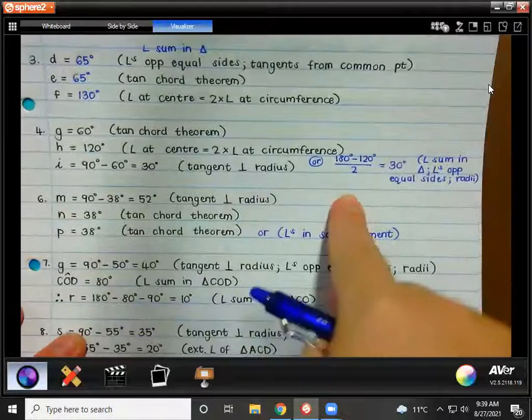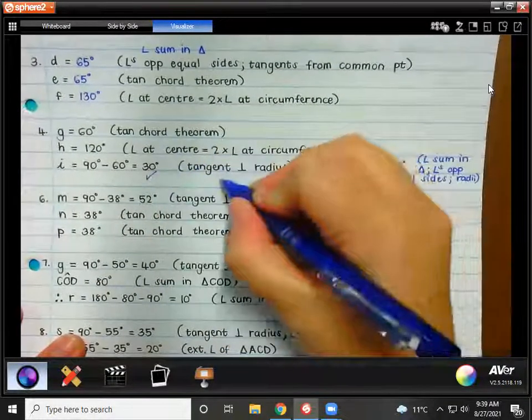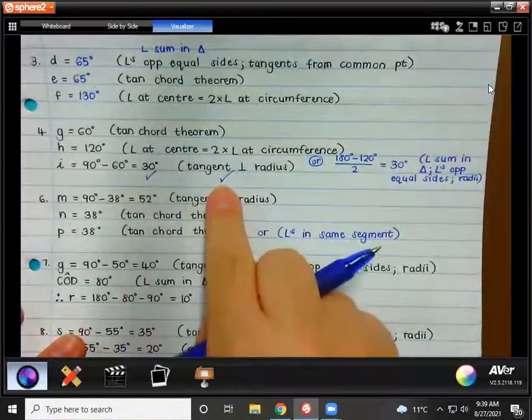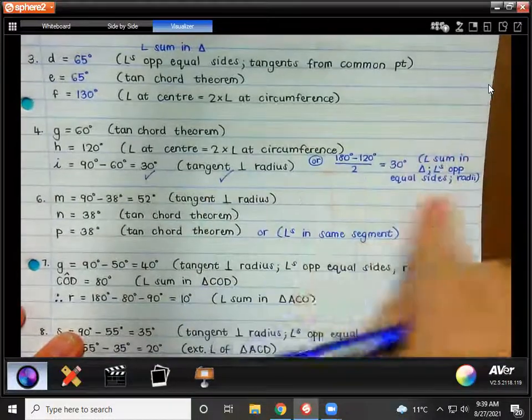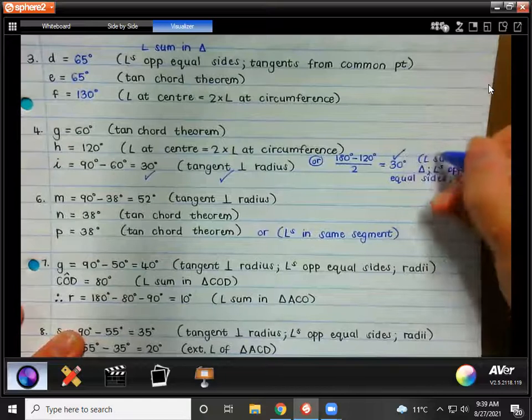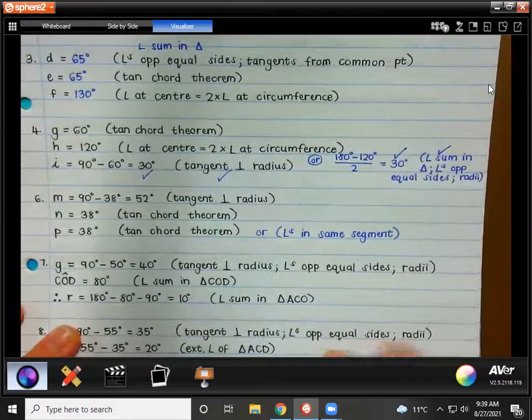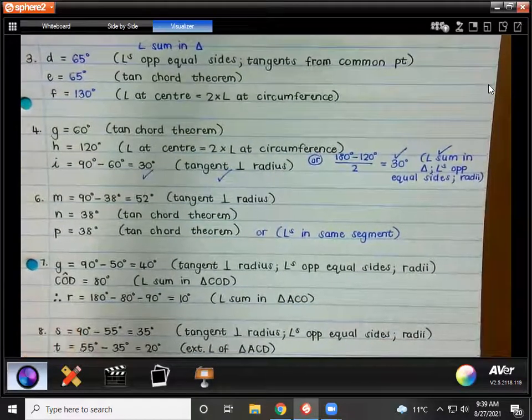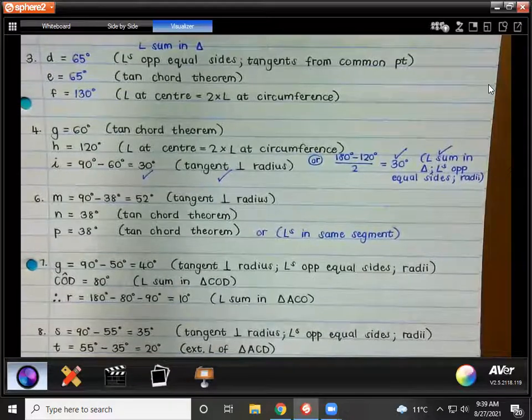So this line will be 2 marks. So it will be 1 mark for the 30 and 1 mark for the reason. And even if you wrote this whole thing with 3 reasons, you would still only get 1 mark for the 30 and 1 mark for all 3 of those reasons. Meaning that if one of them is left out, you will lose that mark, unfortunately.